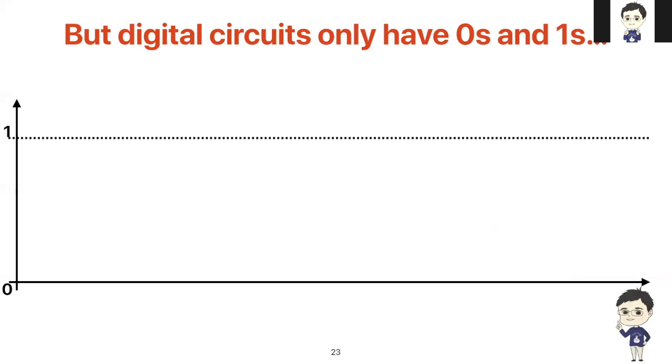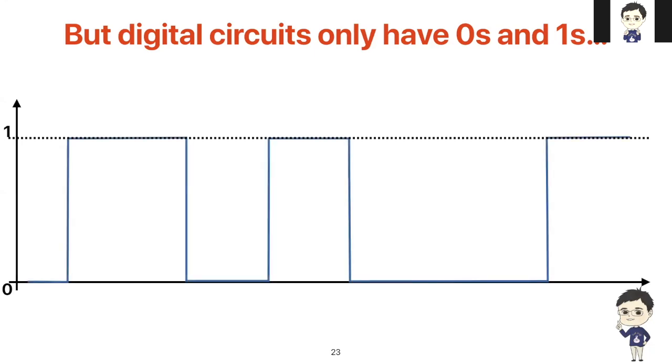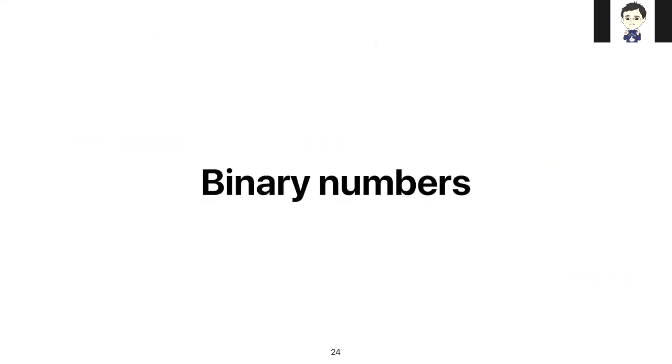However, if you look at digital signals, we can only have zeros and ones. So in this way, how are we going to express our numbers, our input values? It turns out that we need binary number systems.